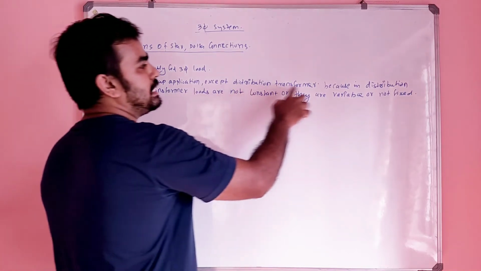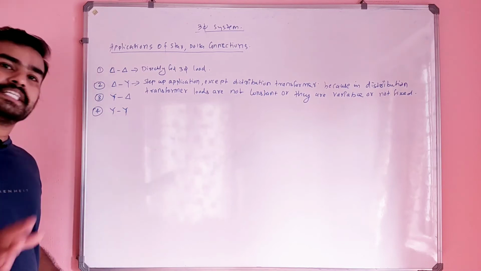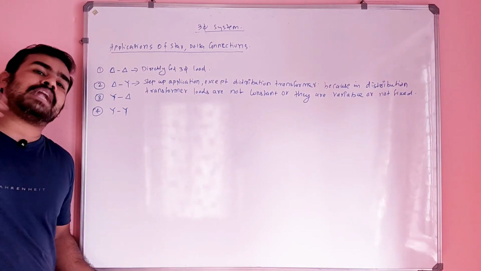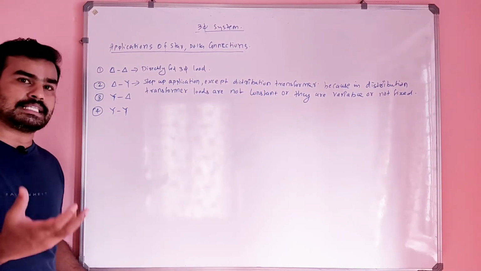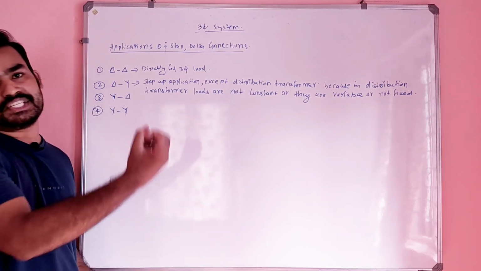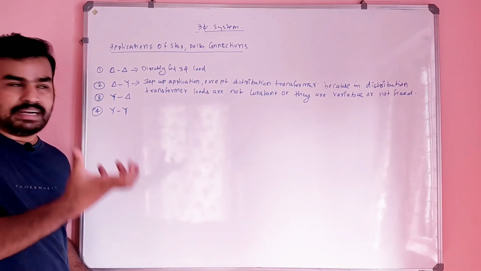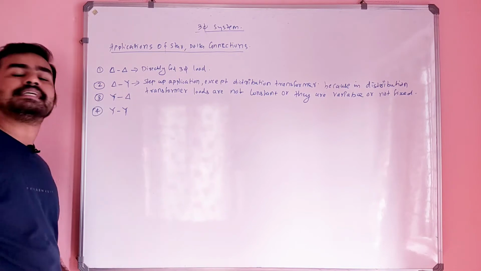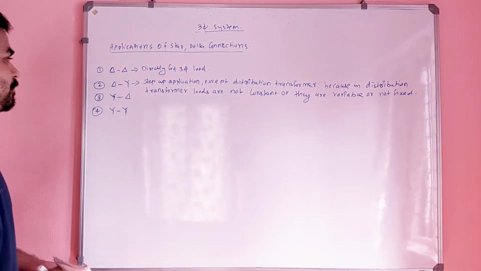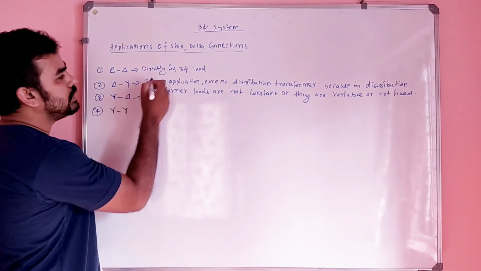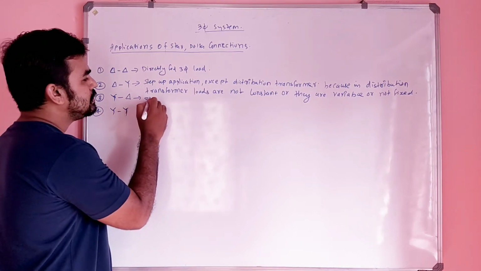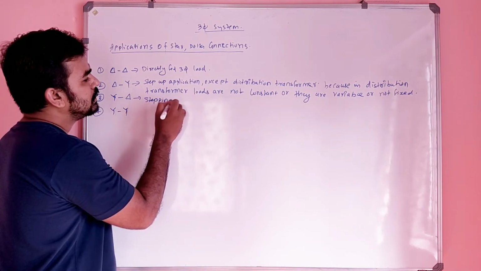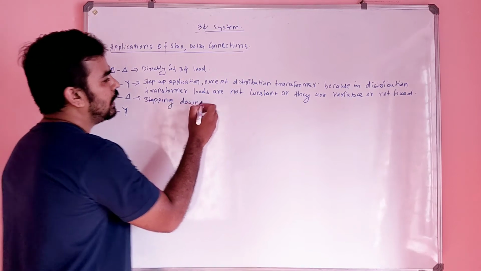So except a distribution transformer, all other transformers where a stepping up demand is there, we can use this delta to star transformation. And of course the reverse is for stepping down applications.